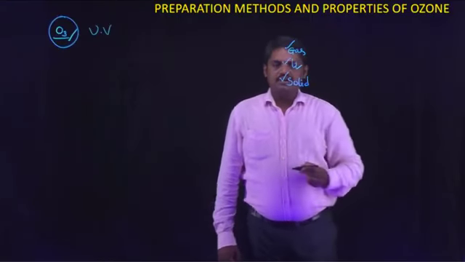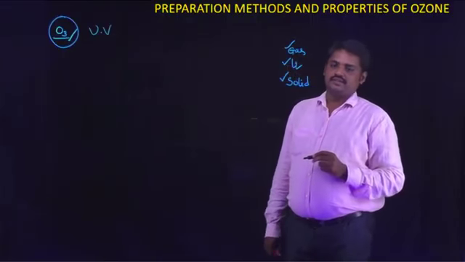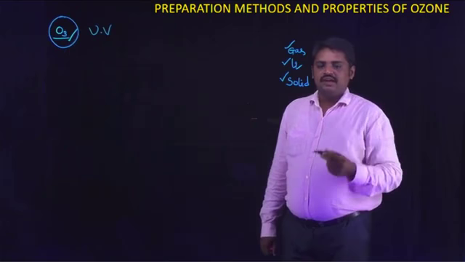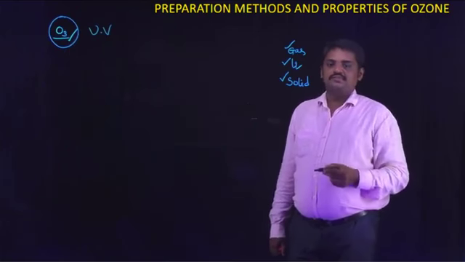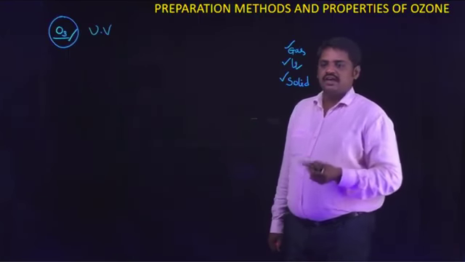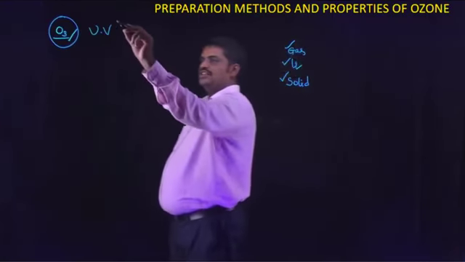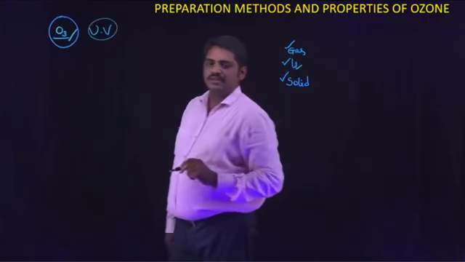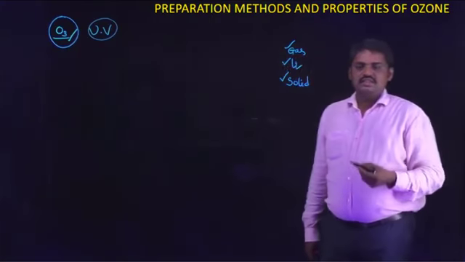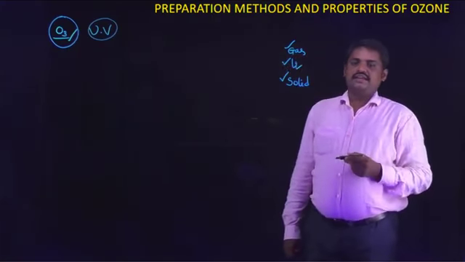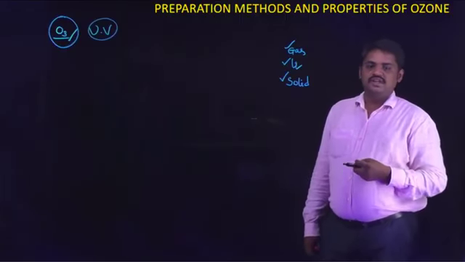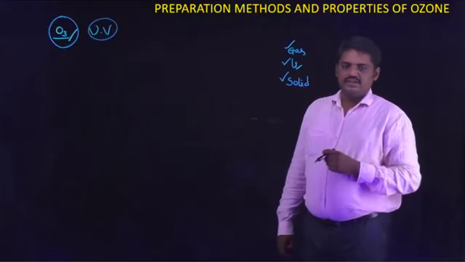That is the main importance of the ozone layer. Naturally, it is available in the stratosphere in the atmosphere, and it is used to absorb high frequency light radiations like ultraviolet radiation.